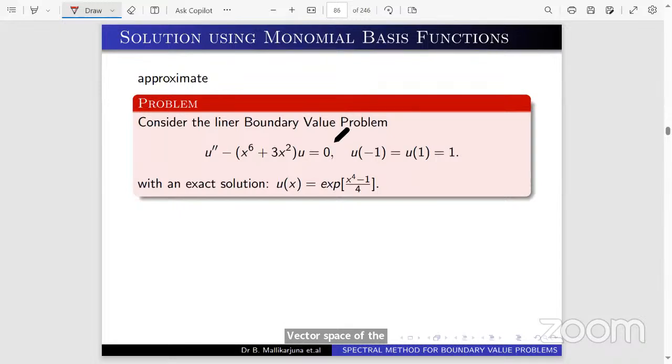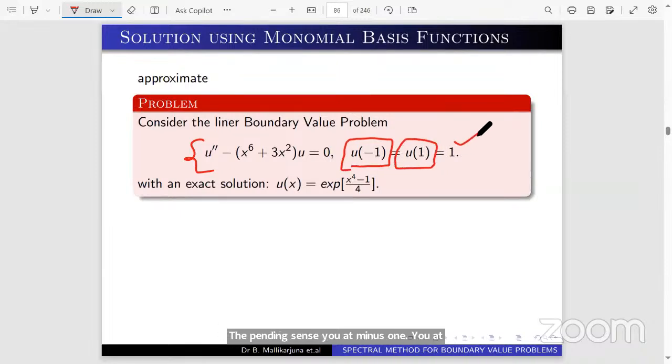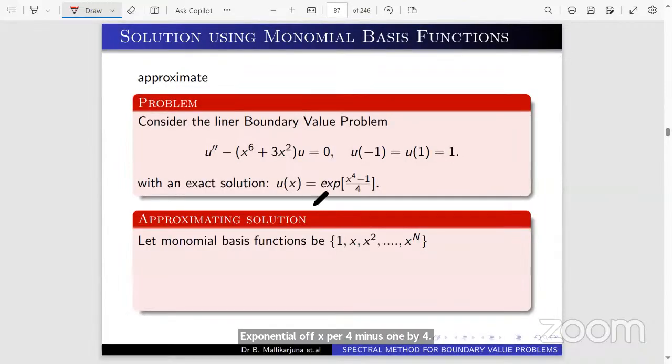Let us consider one linear boundary value problem of second order. The conditions are u at minus 1 and u at 1, both are unity. Suppose its exact solution is exponential of x power 4 minus 1 by 4.